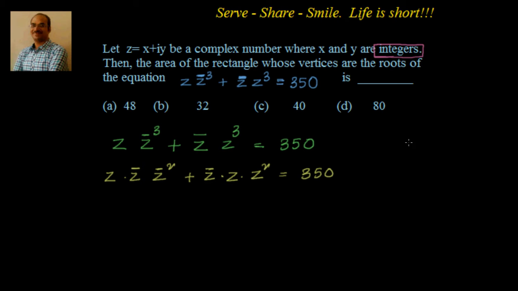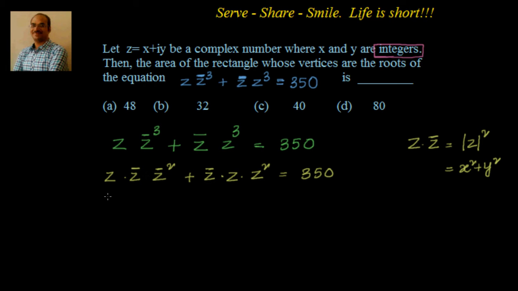The property we are using is that z into z conjugate, or z z', is equal to |z|², which is nothing but x² + y² in this particular scenario.